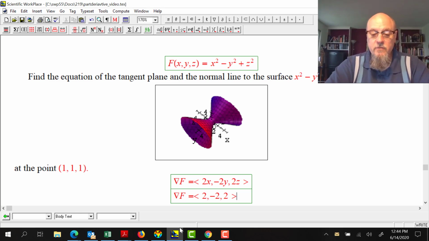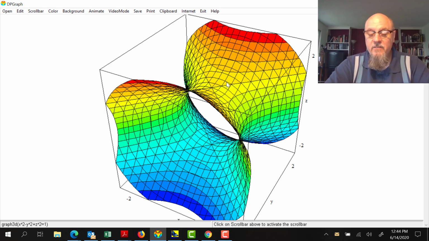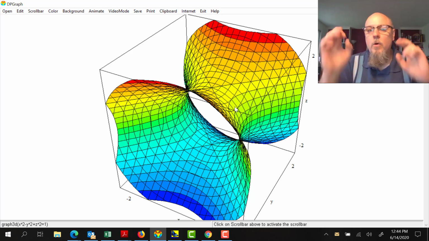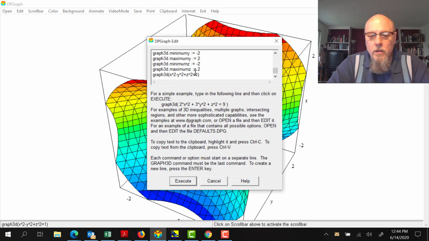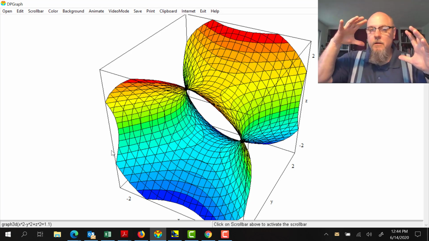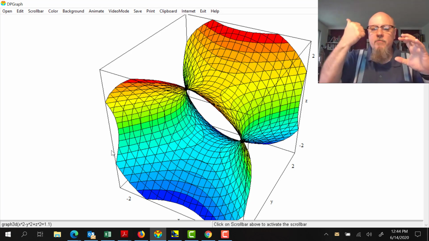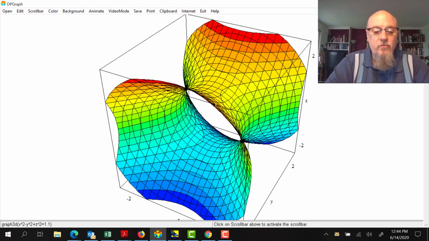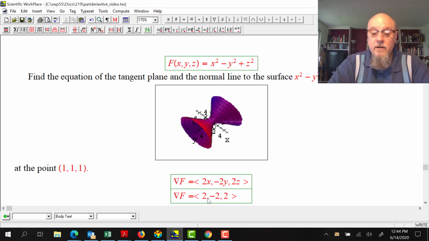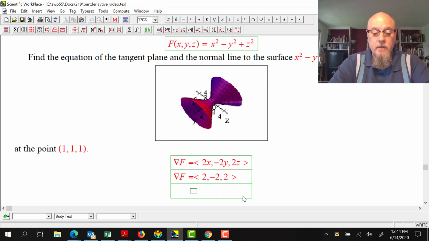If it points in the direction of greatest increase, then it's got to be perpendicular to the surface, because this is connecting all the places where the smoke density is equal to 1. To increase the density of smoke, say from 1 to 1.1, that's a slightly wider hyperboloid of one sheet. So you want to go off the surface perpendicularly to get to that slightly wider one.